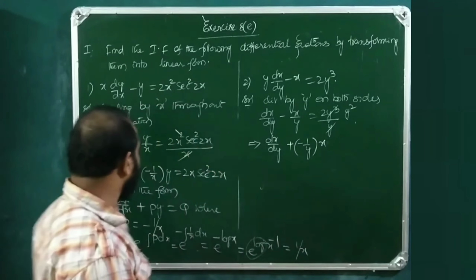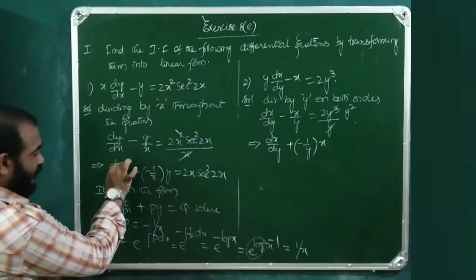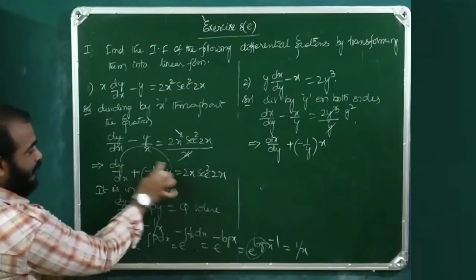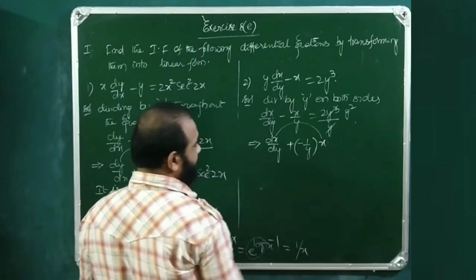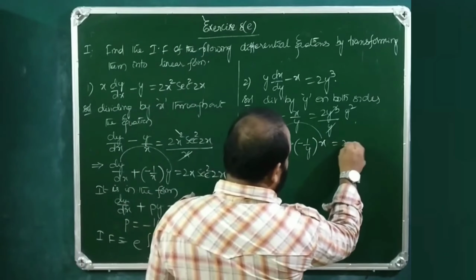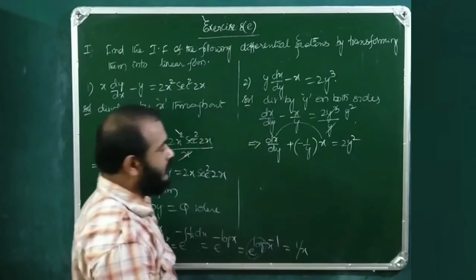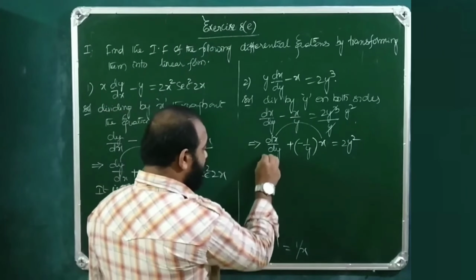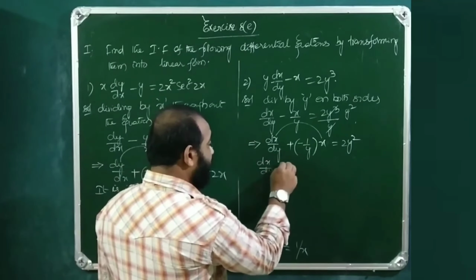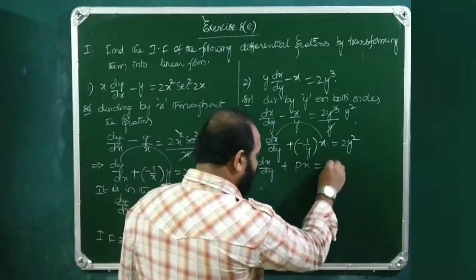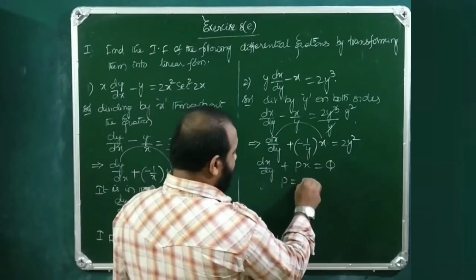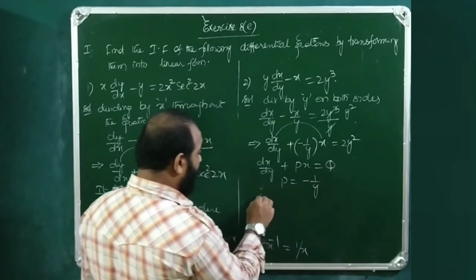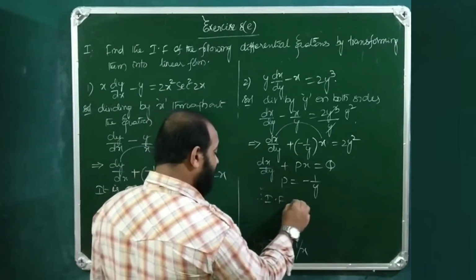See that all the time, the y and y should be matched with each other. Here x and this x, equals 2y square. So this is clearly of the form dx by dy plus px equals q, where p is how much? Minus 1 by y. Therefore, what is the integral factor?